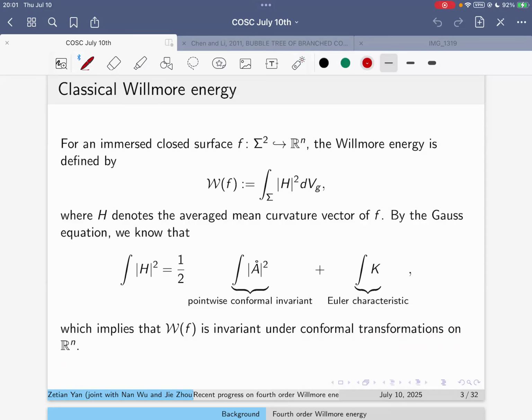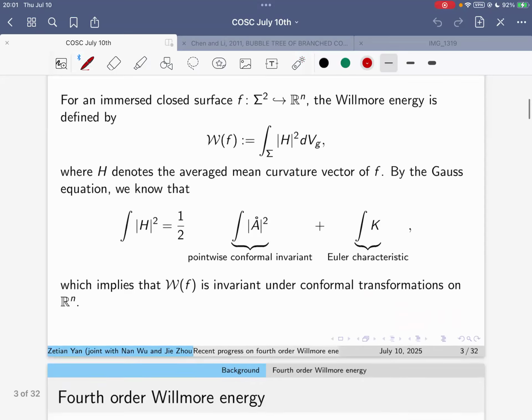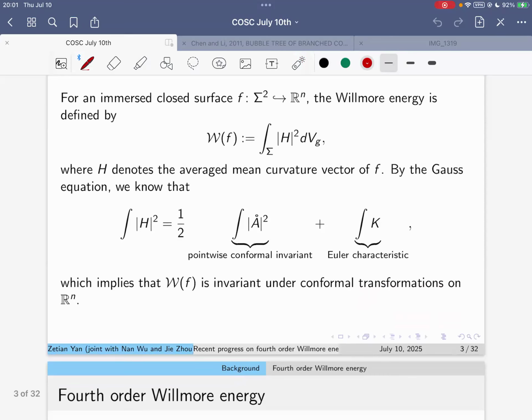Here, let me emphasize conformal transformations in Euclidean space consist of translations, dilations, rotations. Okay, so of course you want to say inversions, right? But the inversion will change the orientation.